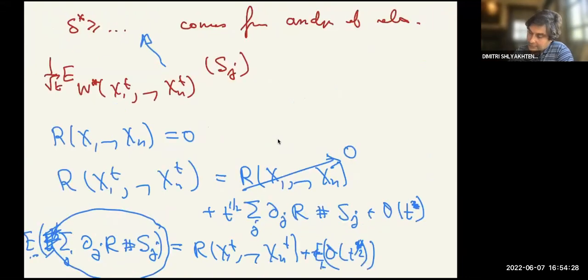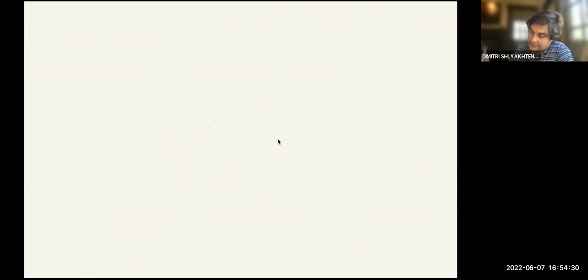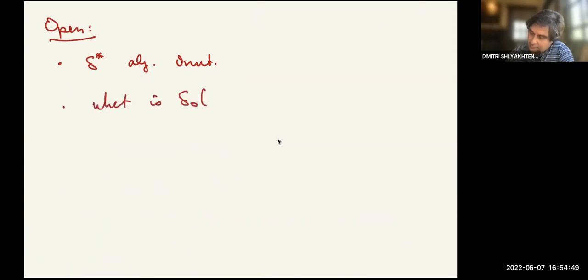So let me just finish with some open questions. Is delta star an algebraic invariant? This is really an embarrassing question of sorts. And actually, the other question is, what is actually delta naught of a group?